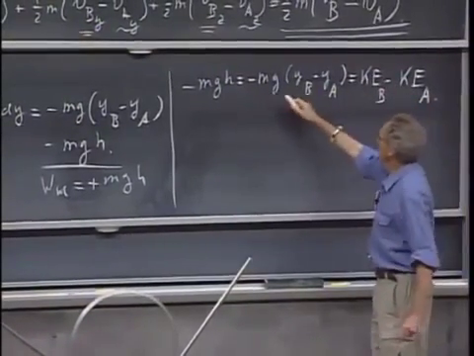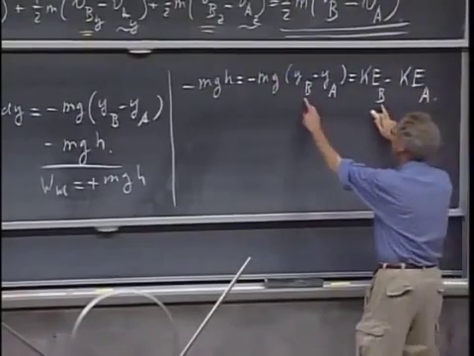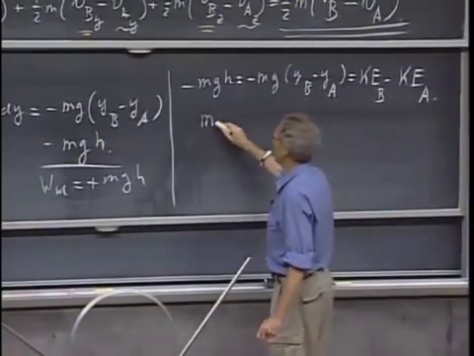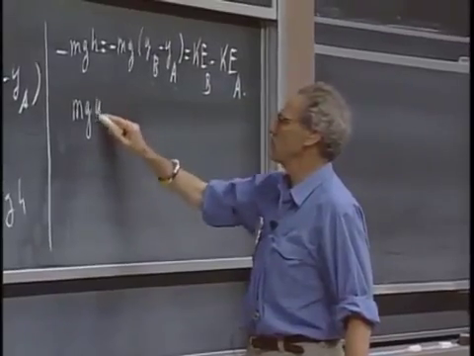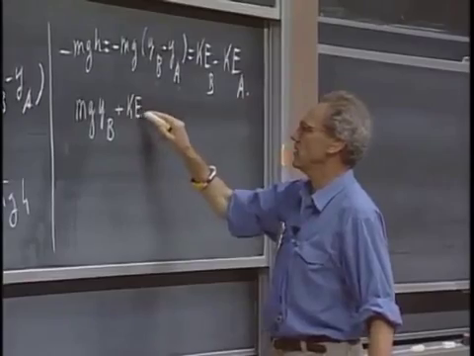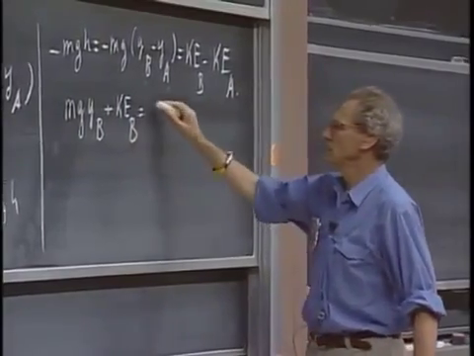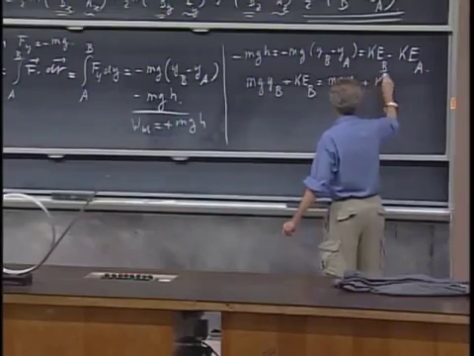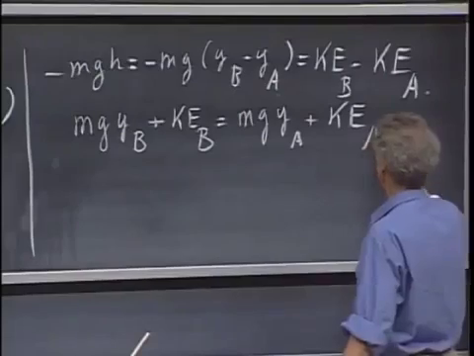Look closely here. I can rearrange this and I can bring the b's on one side. I can bring the a's on one side. I then get mg times y of b plus the kinetic energy at point B equals mg times y of a plus the kinetic energy at point A.